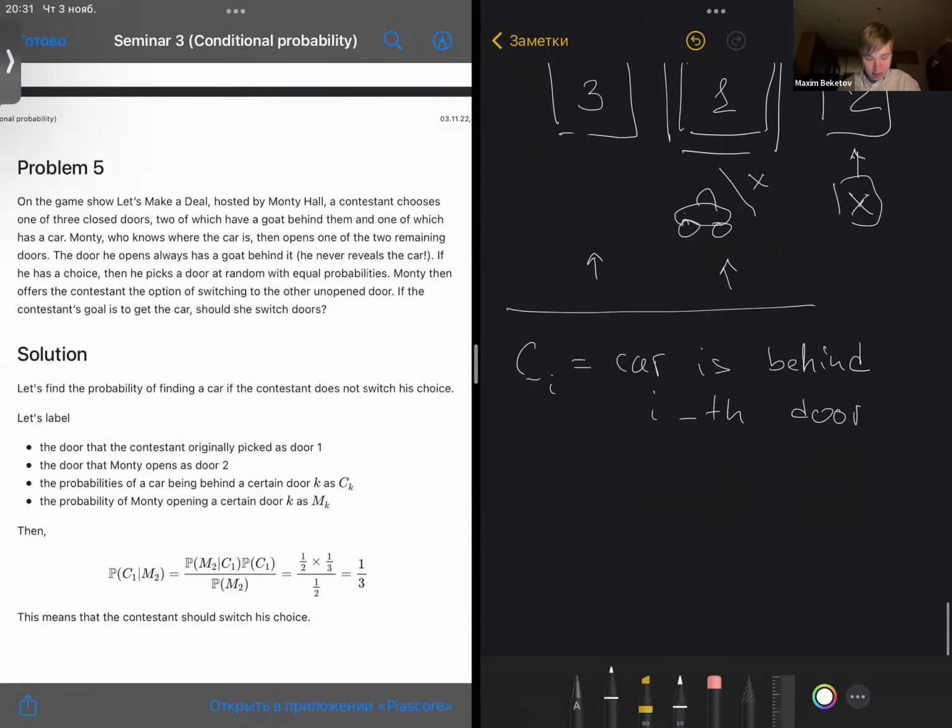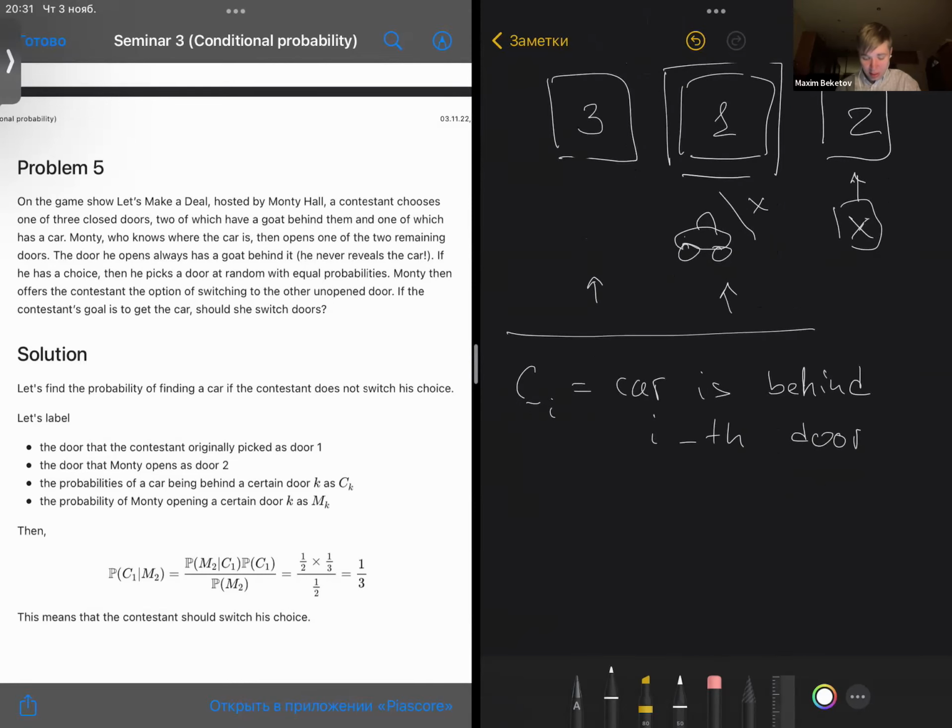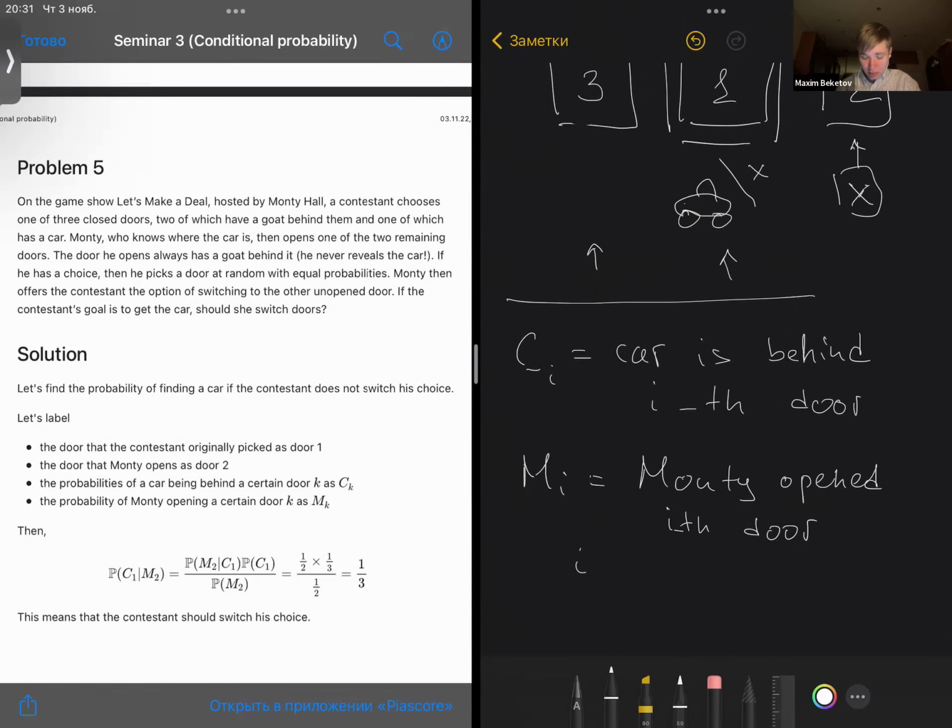So what we are interested in is the probability of Monty opening a certain door, so MI is the fact that Monty opened door I. Here I can only be two, right?